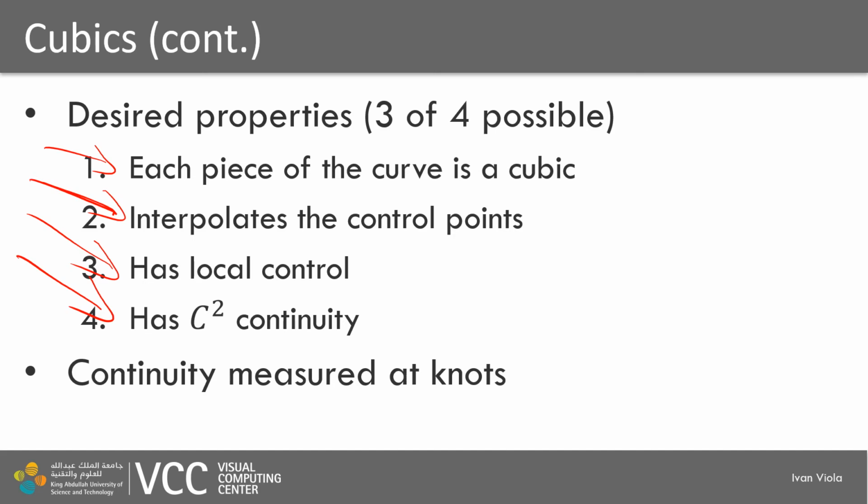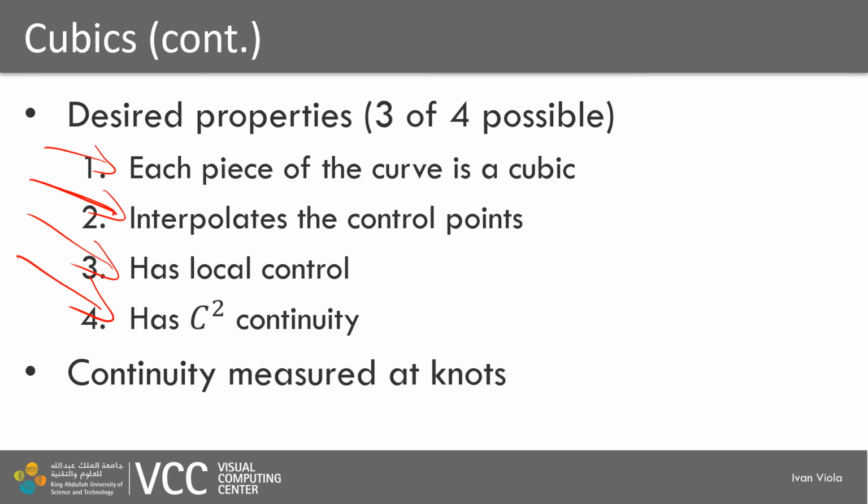And we know only cubics which can satisfy simultaneously three out of these four properties. So sometimes we need to have a trade-off and decide which properties are for us the most relevant.